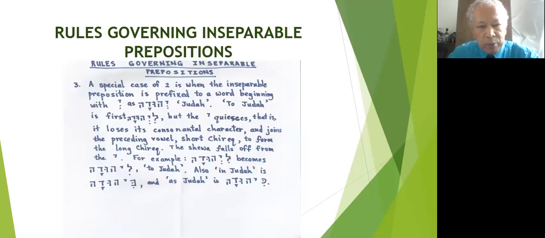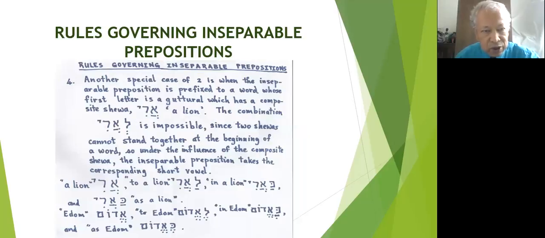the inseparable preposition attached to a noun, and the first letter of that noun is a letter that becomes silent under certain conditions, when it becomes silent, the simple shewa drops out. Let us say we are looking at Yehudah: the yod of the first letter of that noun joins with the short hireq to form the long hireq, and thus we have a different pronunciation.